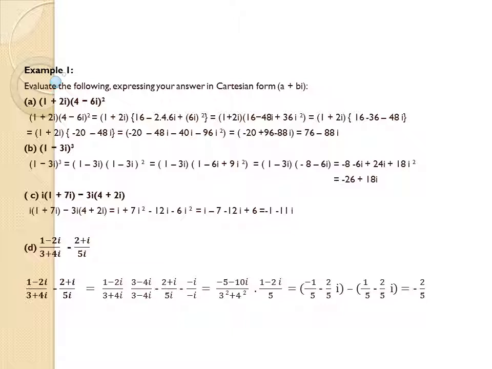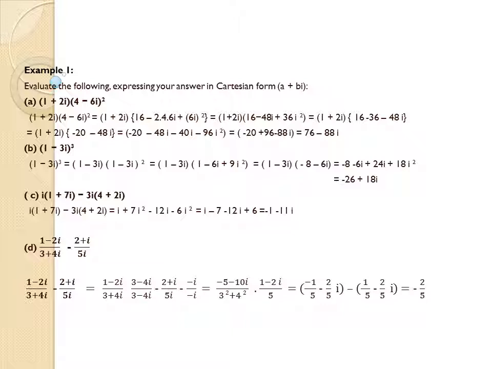For the left hand expression, that is 1 minus 2i into 3 minus 4i, we are getting minus 5 minus 10i, and in the denominator it is 3 plus 4i into 3 minus 4i, that means a square minus b square, 3 square minus 4i whole square. i square equal to minus 1, so that becomes plus 4 square.